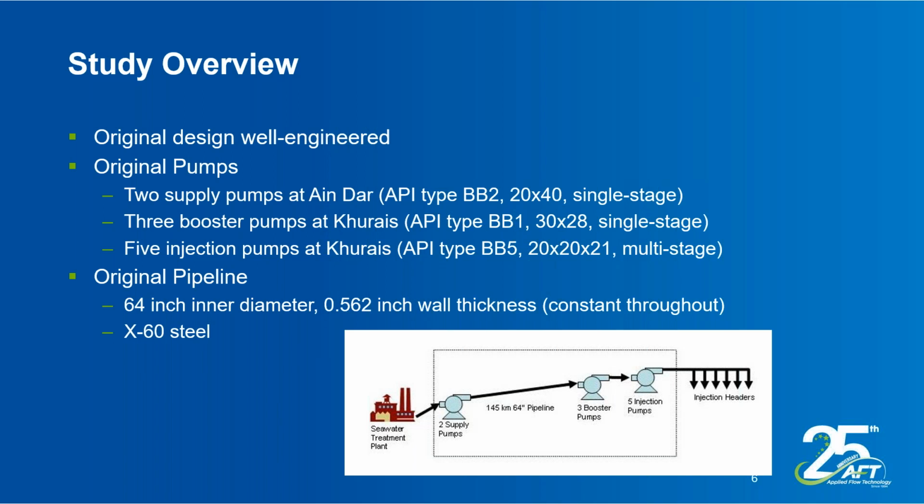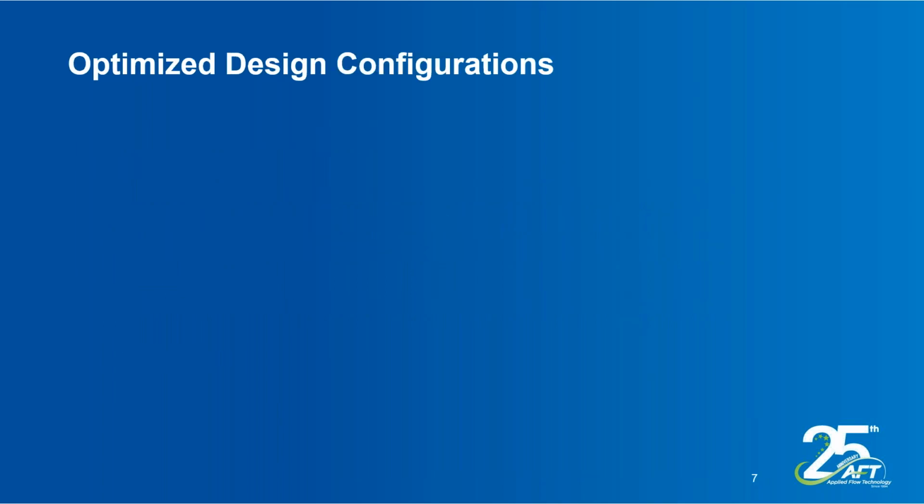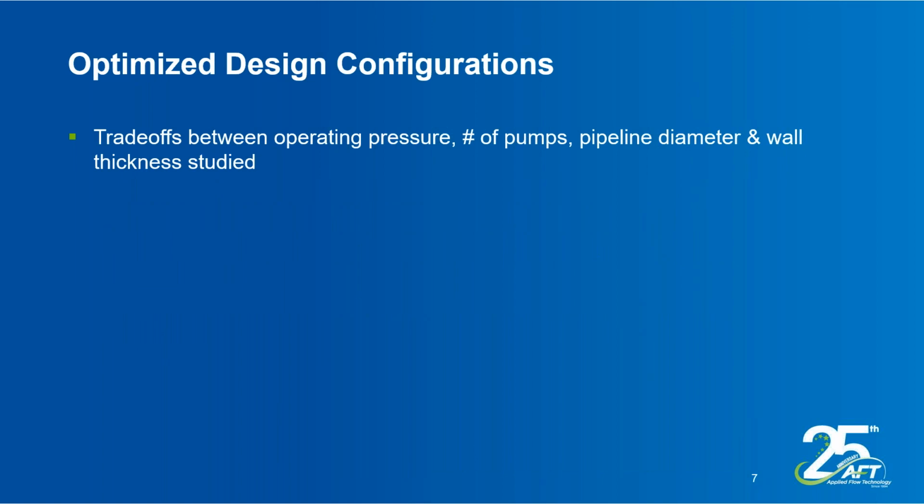The original design called for using X60 type of steel, which is a pretty strong steel, and that's what they were going to use for the 90-mile long pipeline. In order to figure out the true minimum cost, they had to look at trade-offs between their overall system pressures, how many pumps are operating, what the diameter of the pipeline was, and the overall wall thickness, because they had different design requirements in place that would dictate how much piping they had to buy.